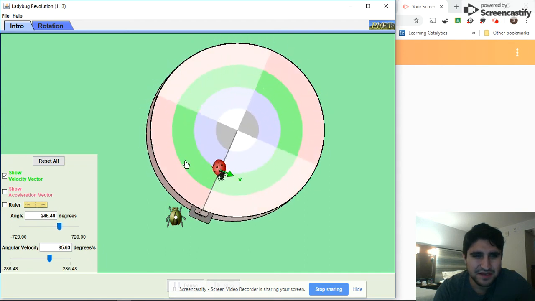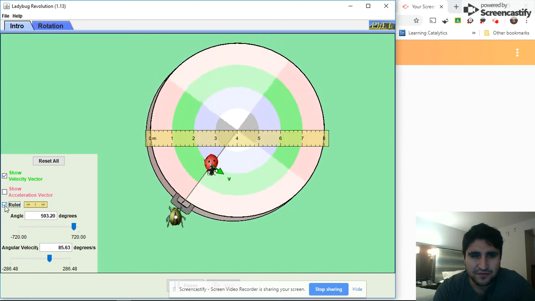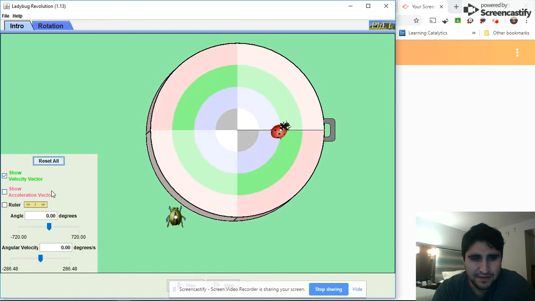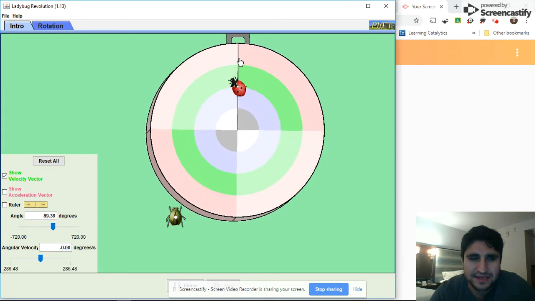So there's the velocity. Things that you can also do is add a ruler, get rid of a ruler. And then right here on the left-hand side, it says angle. Picture this like a circle: 0 degrees because it's not moving. Then I move it 90 degrees and it says 90 right there.